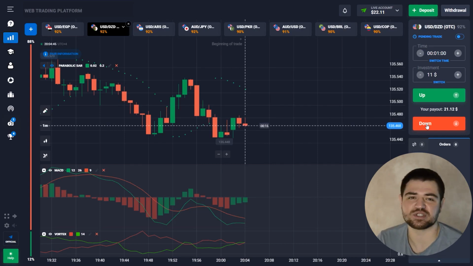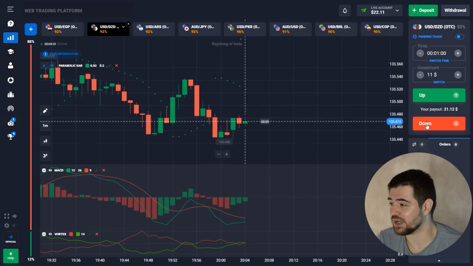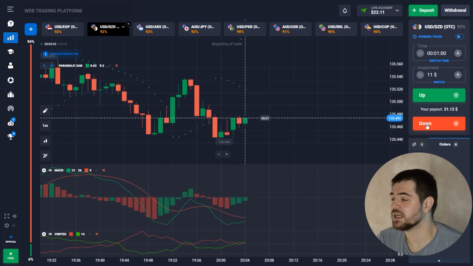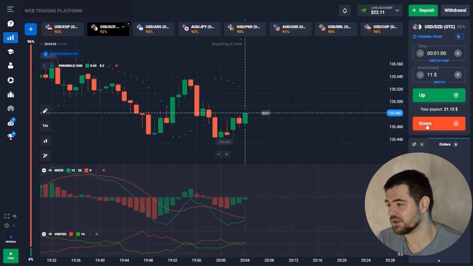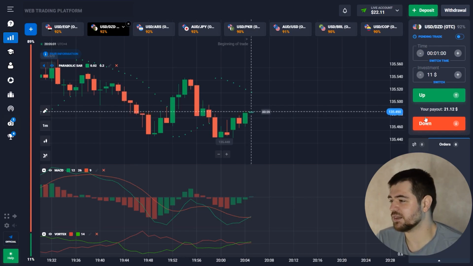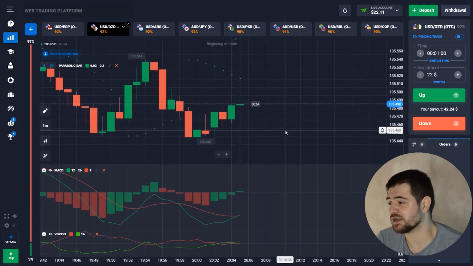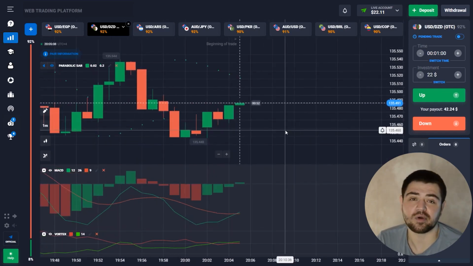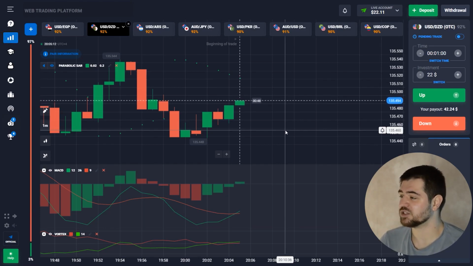We started with just a couple of dollars, and we are making a profit already. It's a small profit, but it's only a few minutes of time that we've been going. That's a good result already, and we're going to use the entirety of the balance so that it grows exponentially as a compound percentage.